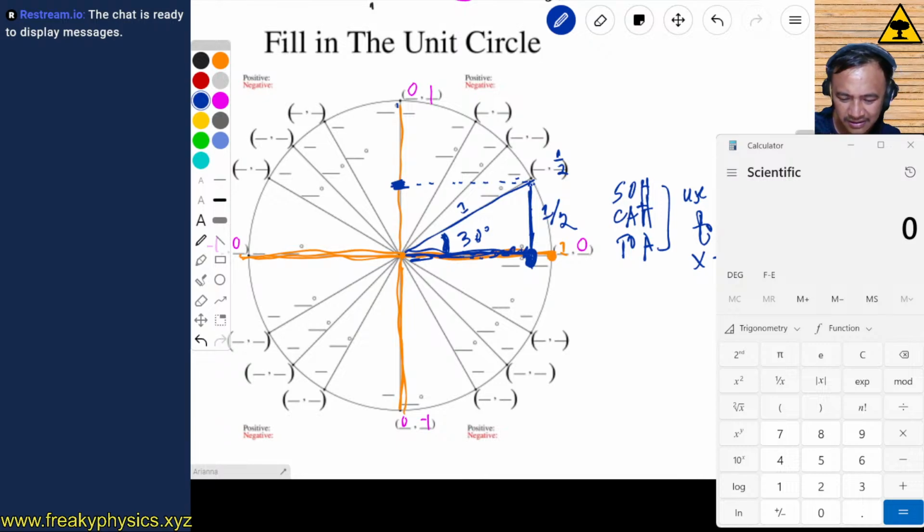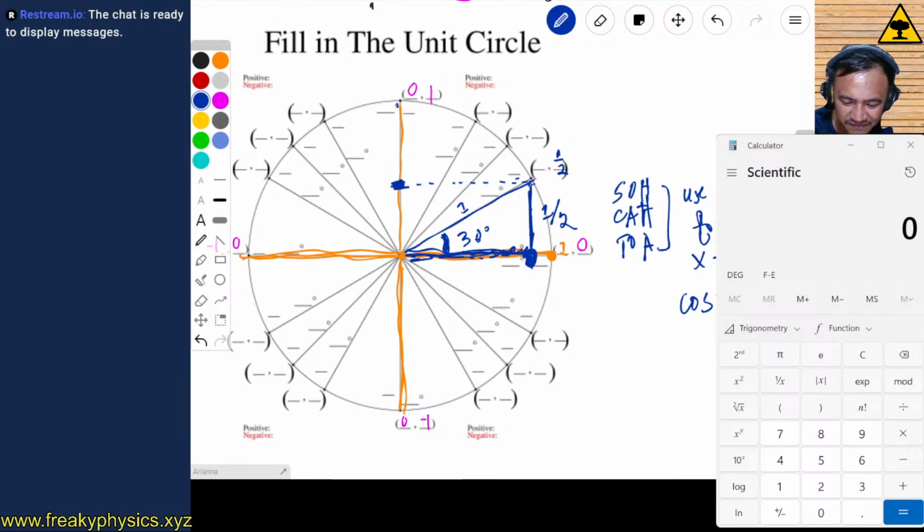Okay. So what's x here? Sorry, let's do it the other way around. It's actually cosine. Cosine of 30 degrees, okay? Cosine of 30 degrees is equal to adjacent over hypotenuse. Adjacent we don't know, so that's x over 1, right?